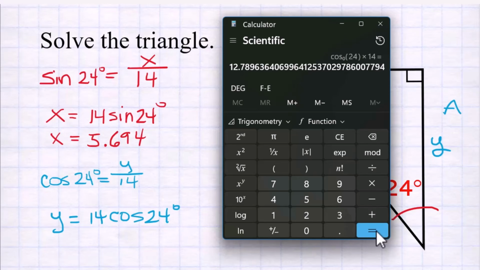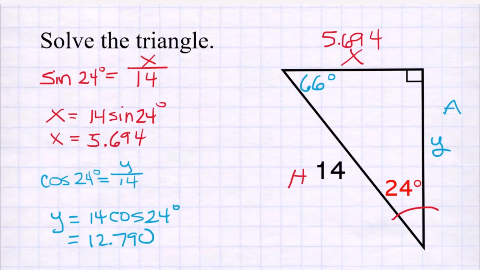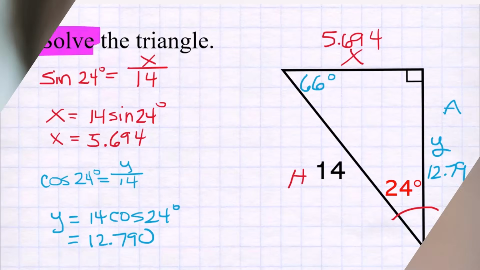So what is that going to be? 12.790. Now we know this side, 12.79. You now know all three sides and all three angles, and that triangle is now completely solved.